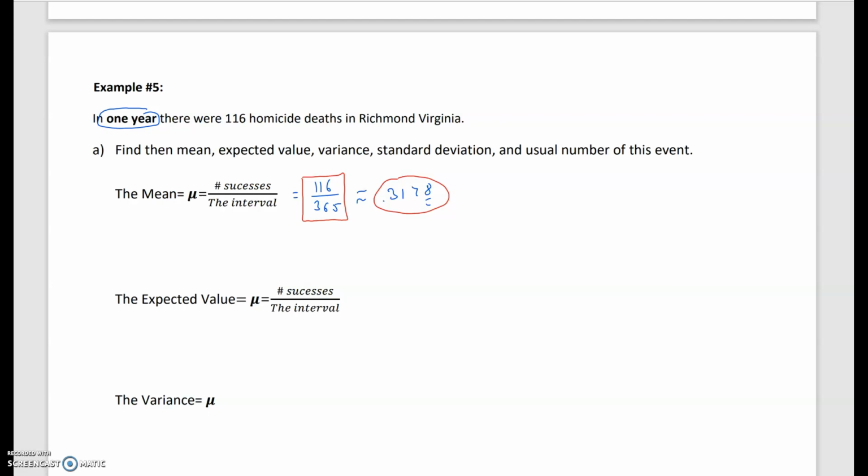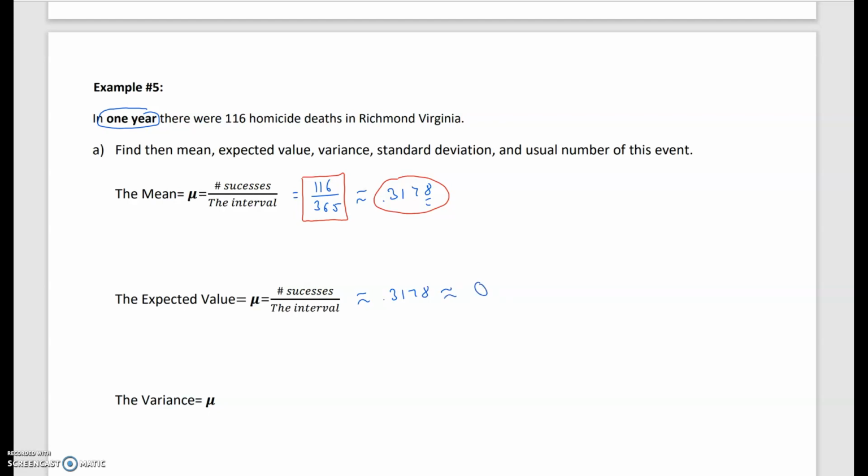Your expected value is technically the actual mean but rounded to the nearest integer. Some problems do want you to round up, but in this case, I'm just going to use the regular rounding. So our expected value is technically 0.3178, which we would say is 0.